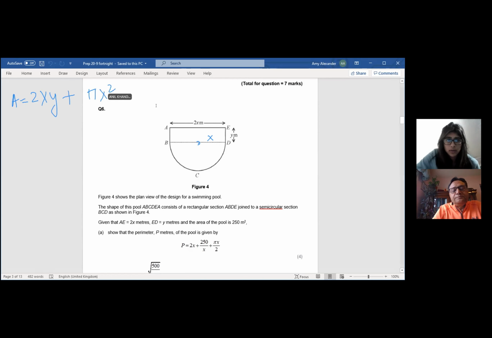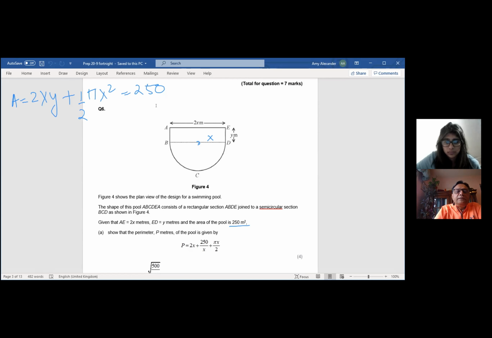And this is given to you as 250, correct? So get the first equation. Now show that the perimeter P of the pool is given by that expression, right?